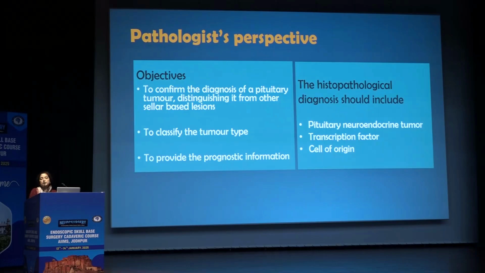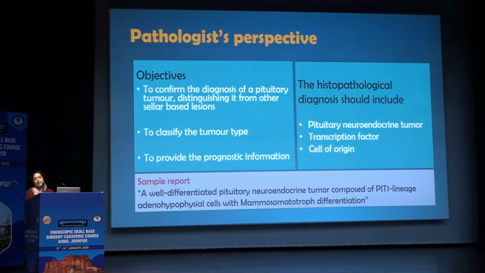And then the third point is to provide the prognostic information. An ideal histopathological diagnosis should include the pituitary neuroendocrine tumor, its transcription factor, and the cell of origin.